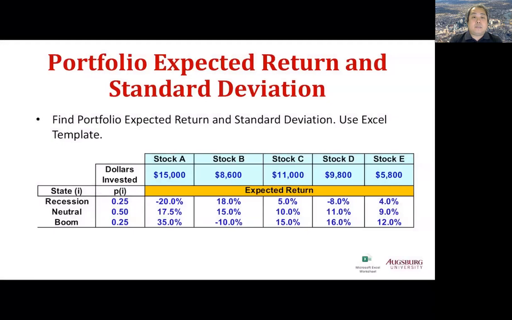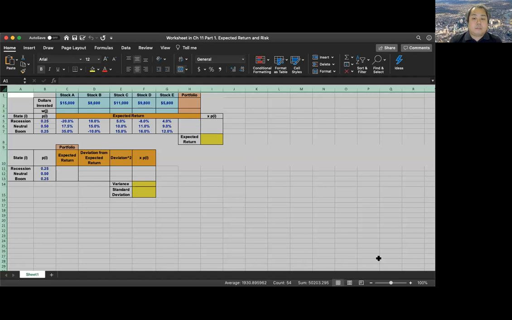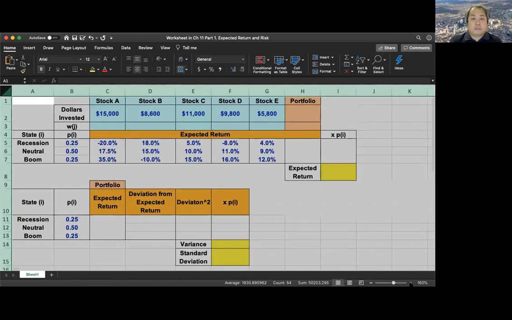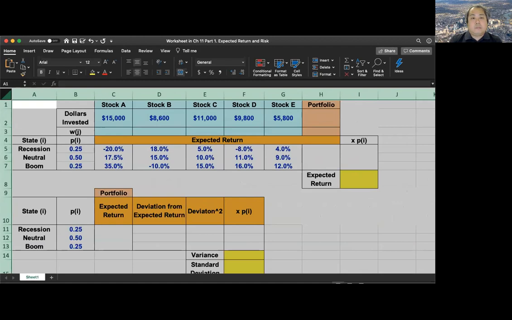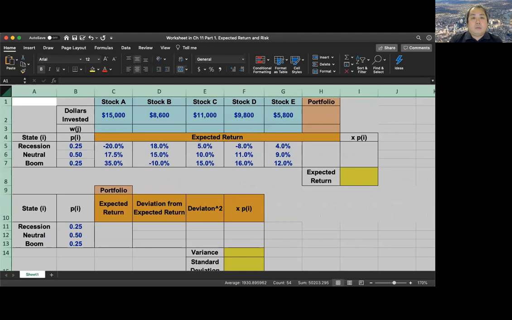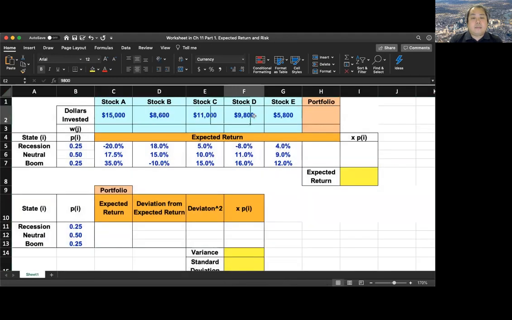This is an example to find portfolio expected return and standard deviation. Click Excel icon. Using dollar invested, we can find weight of each stock.